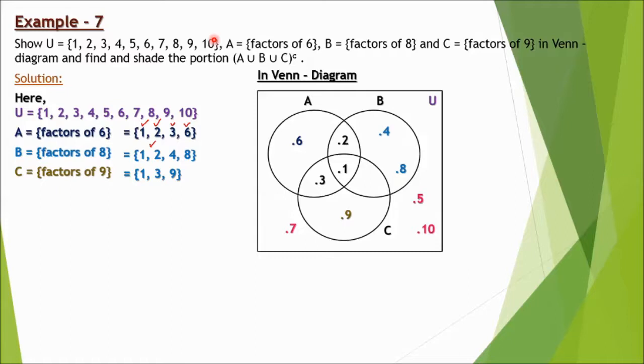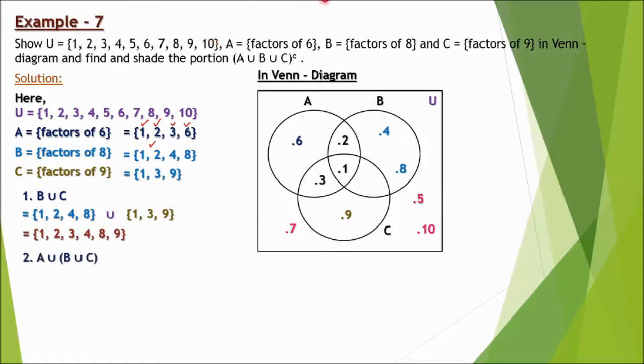Now we have to find the elements for (A union B union C) complement. First we have to do inside the bracket, that is B union C, sorry. As we know from the definition of union, all elements from both sets will be written without any repetition. And now let's do a union with A. You can start from A union B, because you cannot see another bracket.